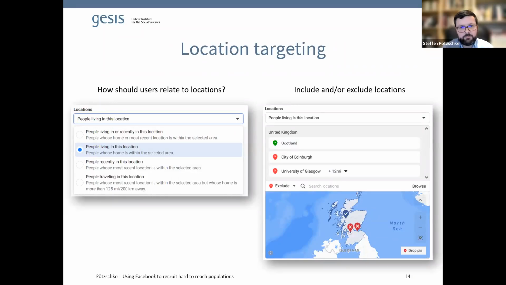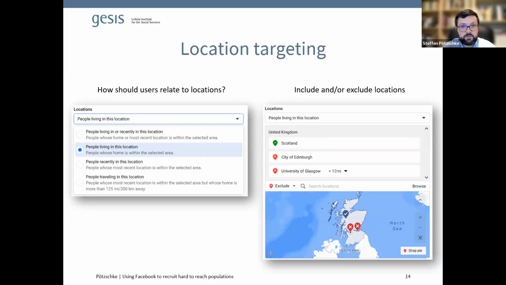To go into a bit more detail about the location targeting, what do I mean by how users should relate to locations? We can specify whether we want to target users who live in certain locations or who, for example, have been traveling to these locations. In most cases, in survey research, you would use the former, so people living in locations, I guess.